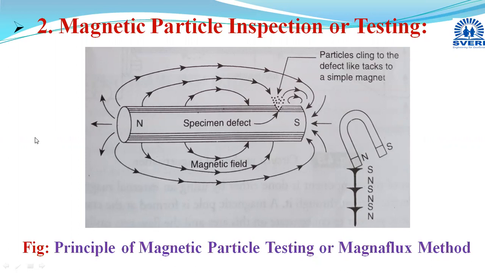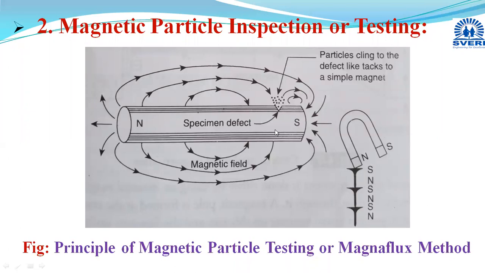The specimen under examination is collected. This is your workpiece or specimen under test, which is examined for whether any kind of defect is there or not. So first, the magnetization of that specimen is done.